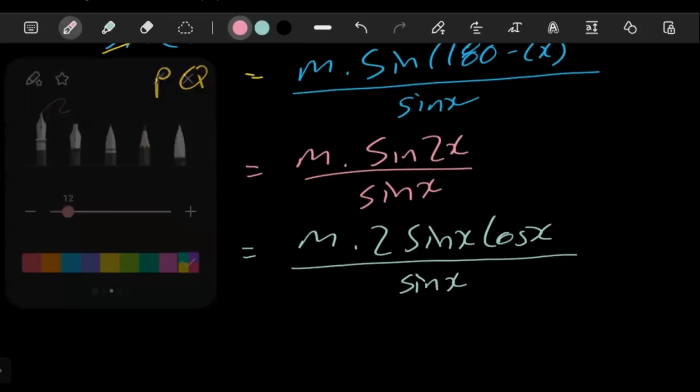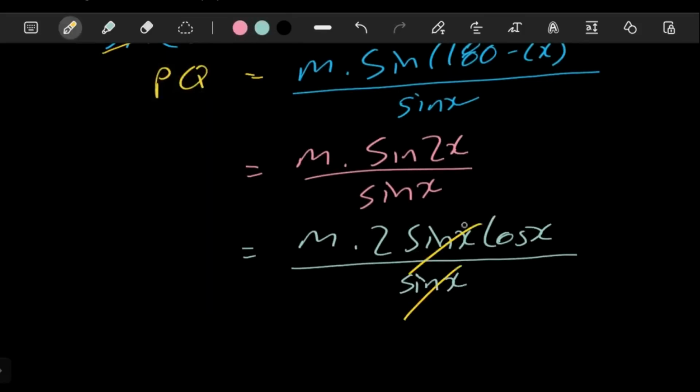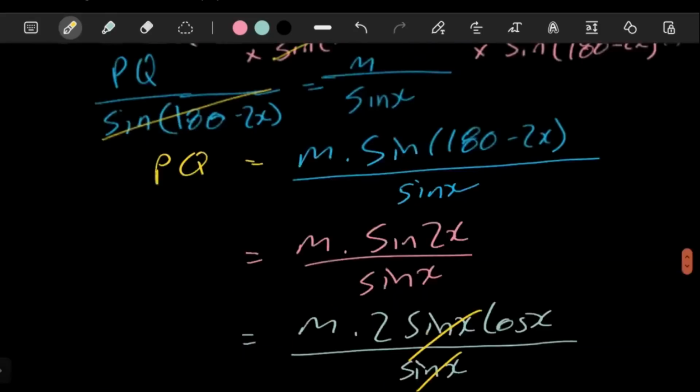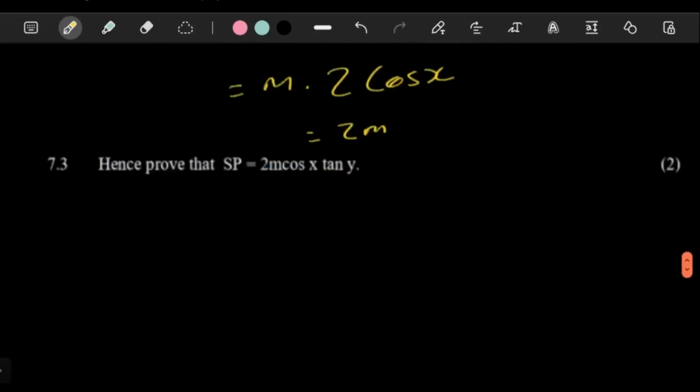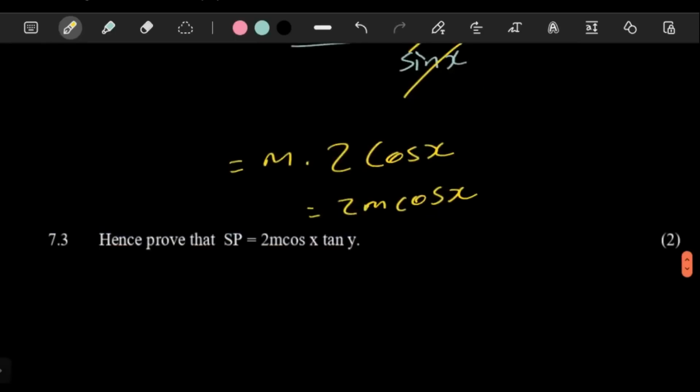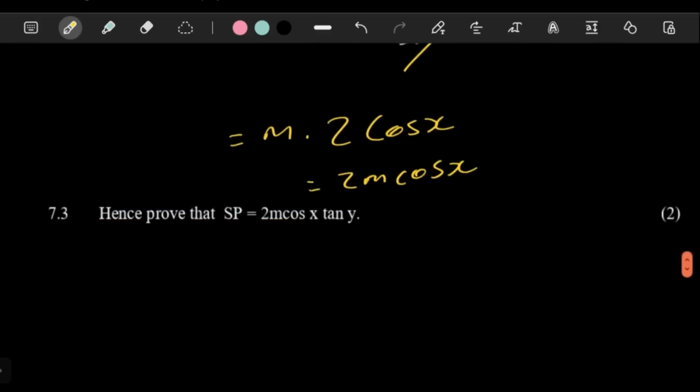The one big idea is that you cancel sine x, and then you have m times 2 cos x. If you want to write it the way they did, you're welcome to. Hence prove that SP is 2m cos x, for just 2 marks.